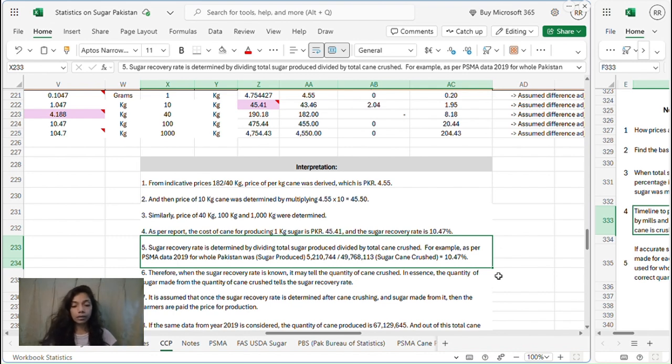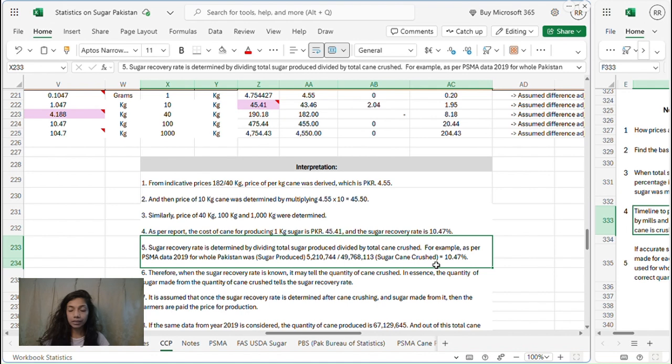So these numbers are taken from the PSMA report 2019, where the sugar produced for the whole of Pakistan was around 5.2 million metric tons. When we convert it into kgs, it goes into billions. This sugar was produced from the total quantity of cane crushed for the whole of Pakistan, 49,768,118.